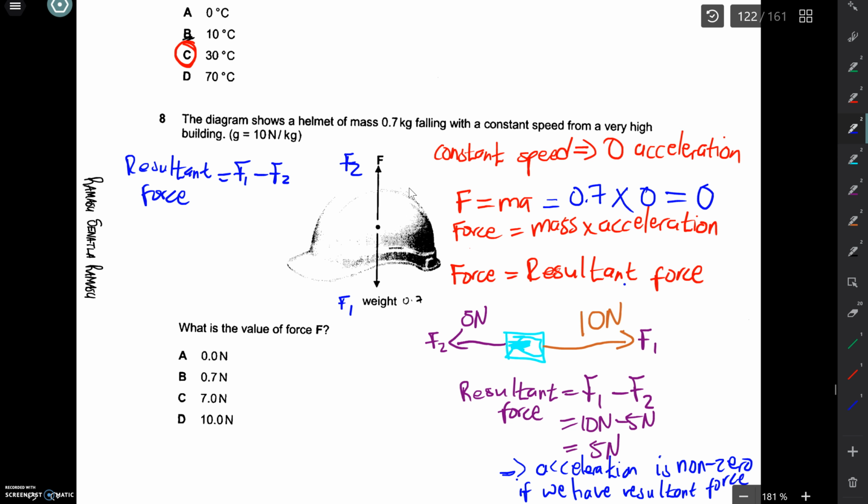Our F1 here is weight, and our F2 would be F. So it means that the difference between weight and F is 0.